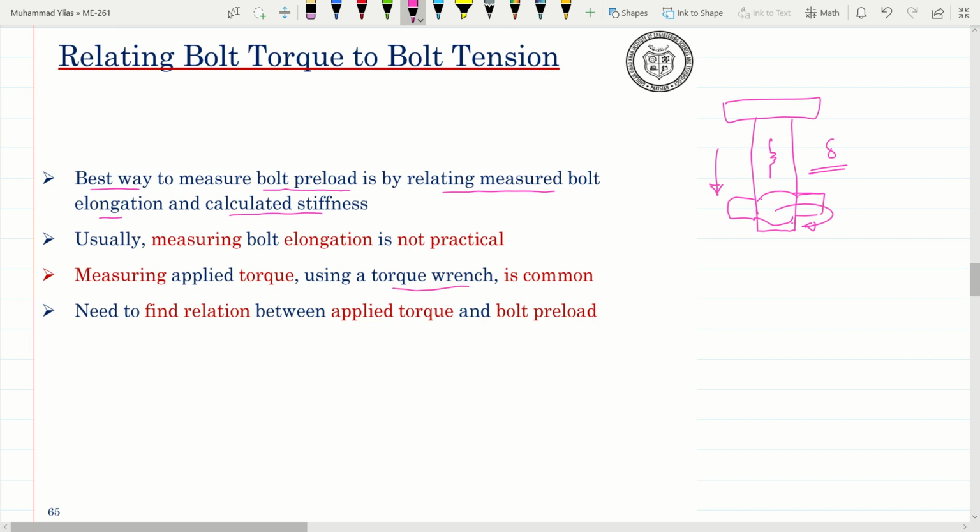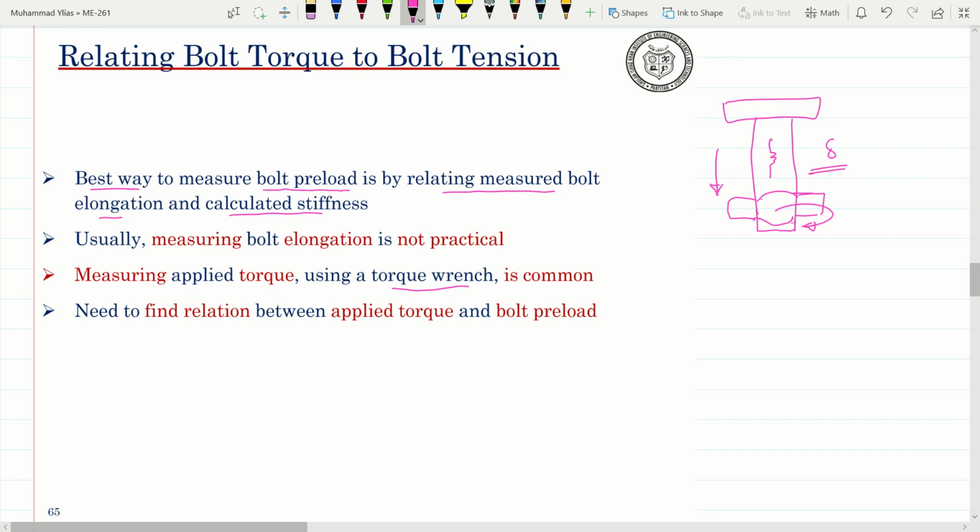What this wrench does is it allows the user to apply only a fixed value of torque. So even though the force could be applied higher than the required torque, the torque wrench would slip, and only where this torque wrench has been previously set, that amount of torque will be applied.